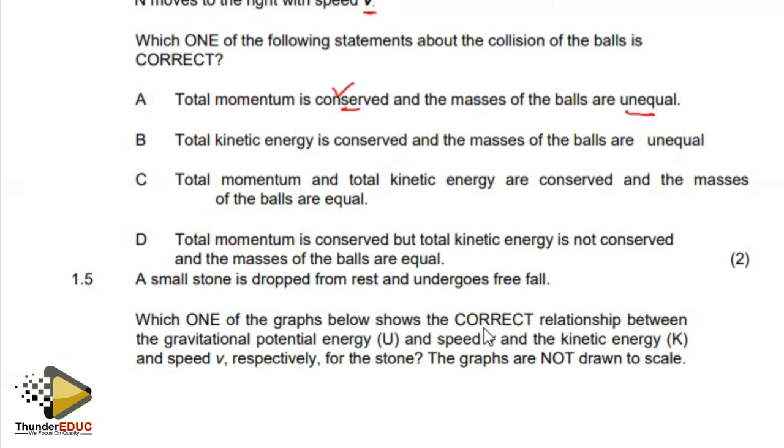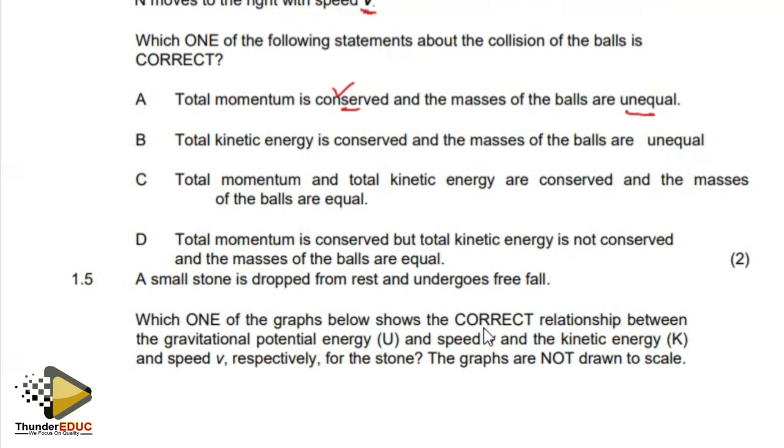Okay, but then how do we tell about the masses? The speeds are the same after and before, because one is at rest and the other one is moving with v. After the collision, this one loses the velocity and goes to rest, and this one moves off.